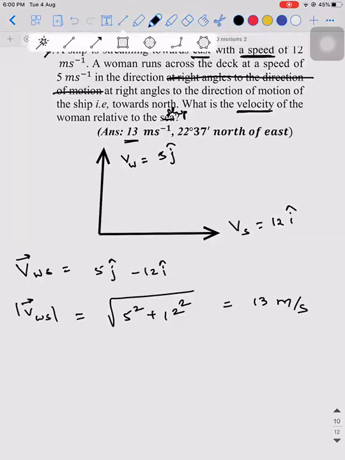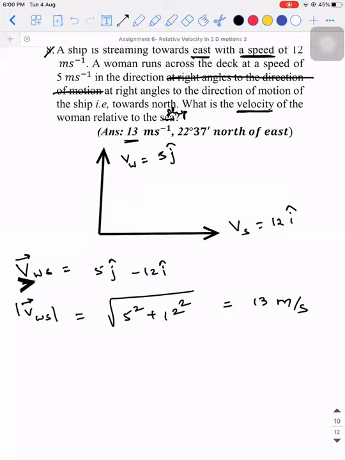If you want to draw the direction for this relative velocity, which direction will it be? Look at the quadrant in which it is. It is in the second quadrant because i is negative and j is positive.